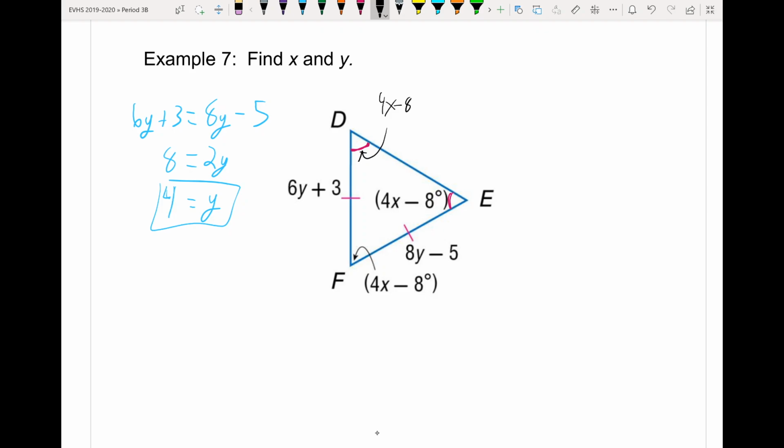No, all three angles add up to 180. So 4x minus 8 plus 4x minus 8 plus 4x minus 8 equals 180. I could do that. Or I could also use one of my corollaries. I mean, look, if I've got 4x minus 8 on all three of them, does that mean it's equilateral or equiangular? Yes. And so for an equiangular triangle, each angle measures 60 degrees. So 4x minus 8 equals 60.